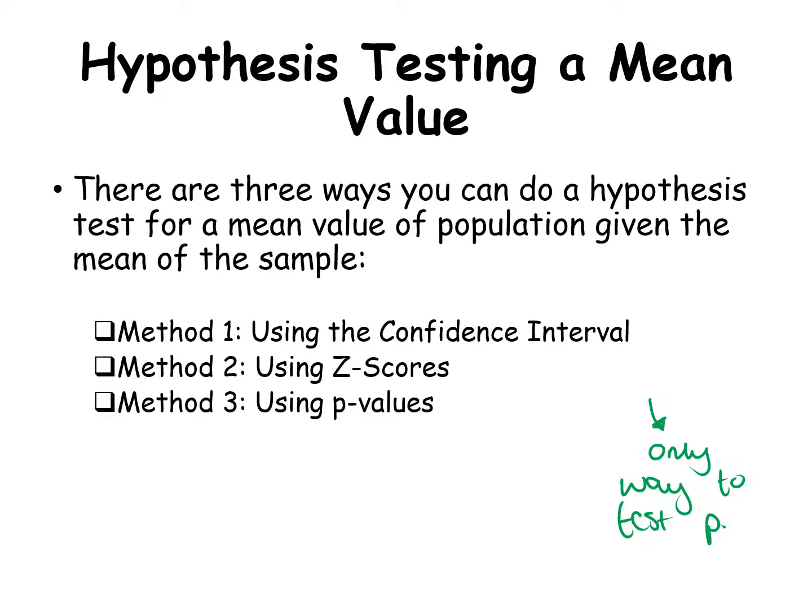Now, we'll work through these and we'll talk about when a specific method is favorable over another. What I would say is it's usually down to method 1 and method 2. We would never use method 3 to actually do a hypothesis test, because method 3 relies on already doing method 2 effectively. You need your z-scores.